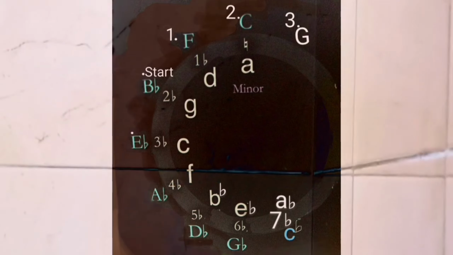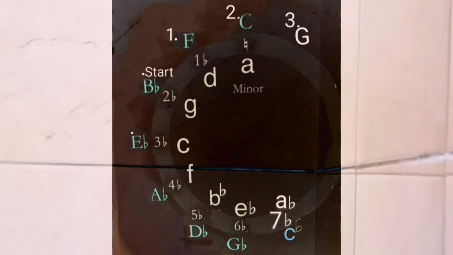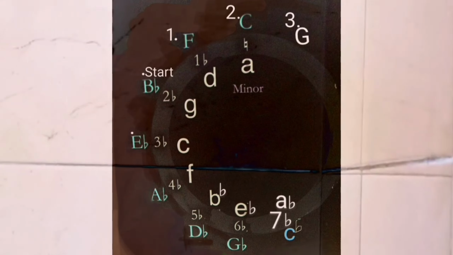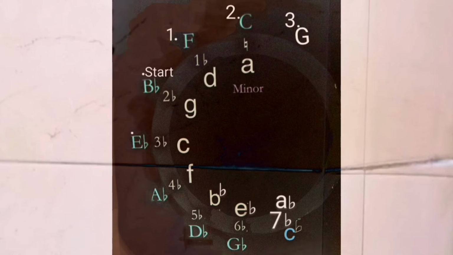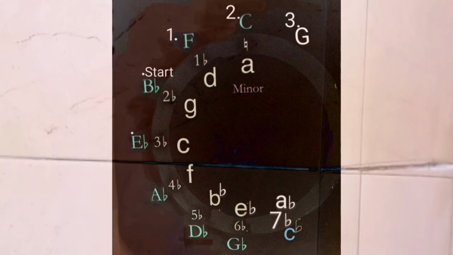You count 1, 2, 3 around, end up on G. That is a sharp. But remember, the relative minor keys keep the same key signature as their major key. So even though it is on the side where it's sharp, it's actually going to be a G.